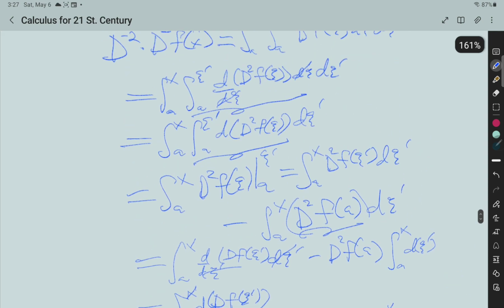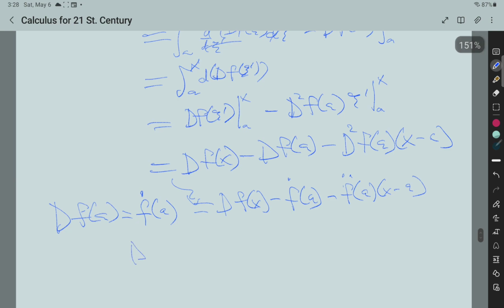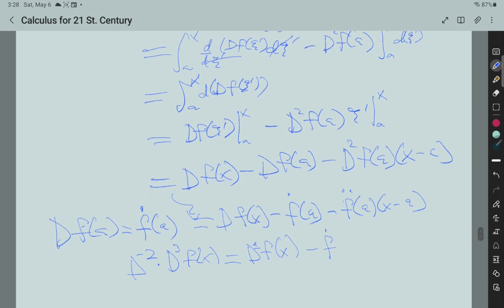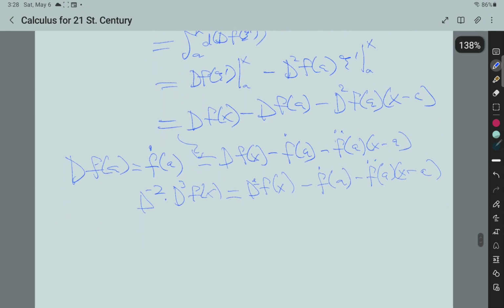Okay, so the result for this d2 d minus 2 on d3 f of x is equal to d1 of f of x minus f dot of a minus f double dot of a times this x minus a. Okay, so I should box this.